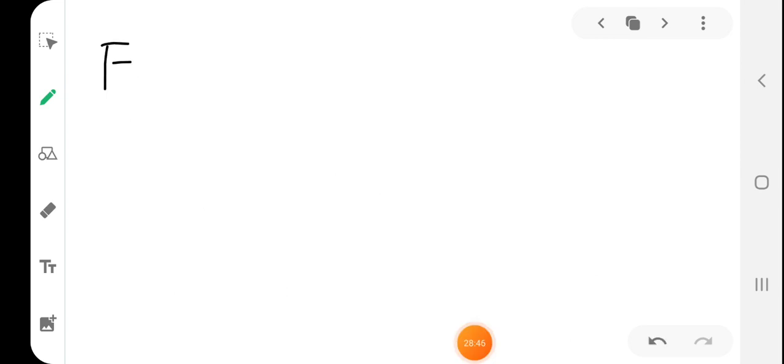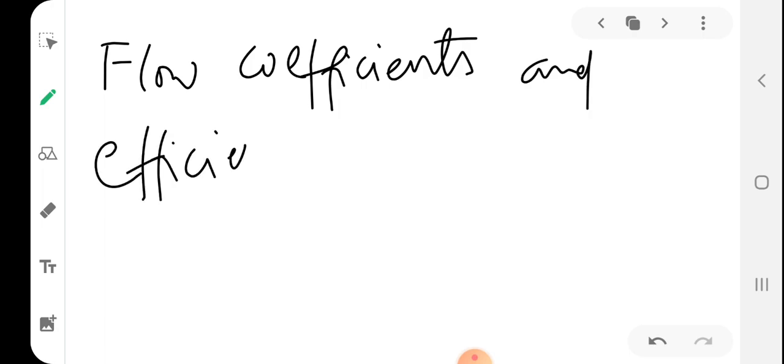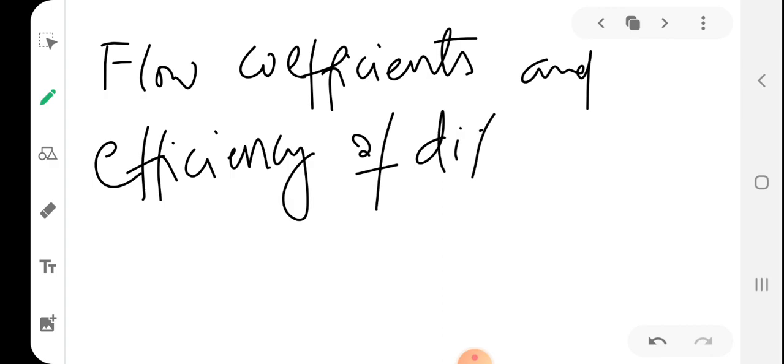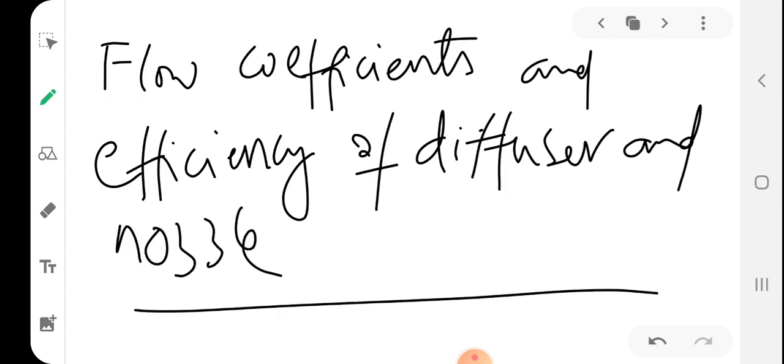Students, some more concepts: flow coefficients and efficiency of diffuser and nozzle. Now we are going to study these things.